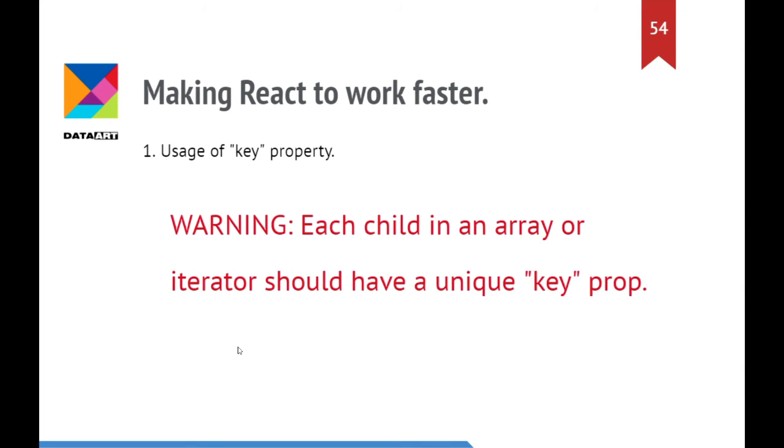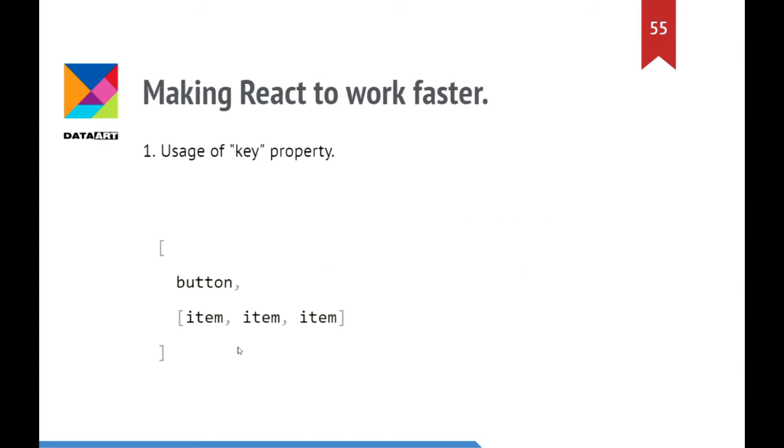So I'm gonna tell you the importance of using this key property. Whenever React creates the elements from the components, the structure looks like this. Remember, we've got a list, it has a button, and there was an array of some items. But whenever elements are transpiled to instances, this data is flattened.